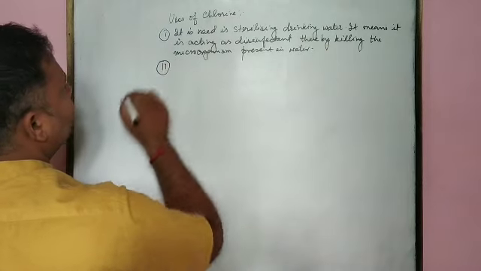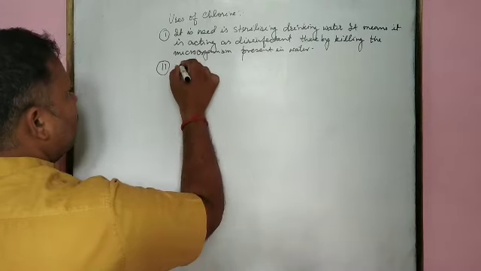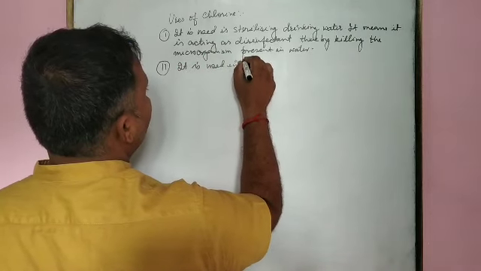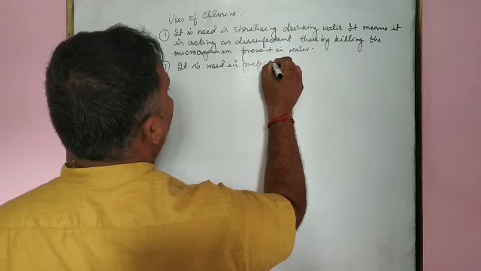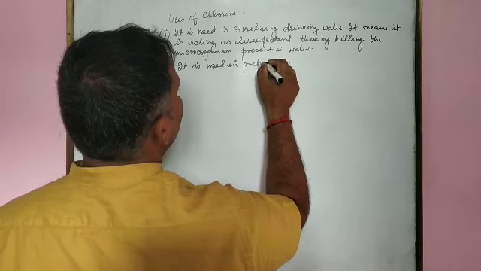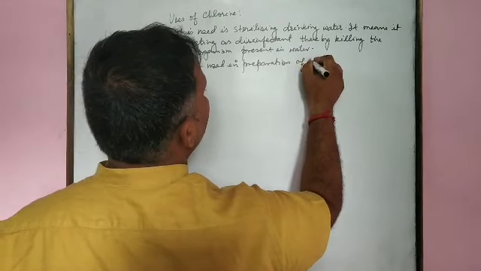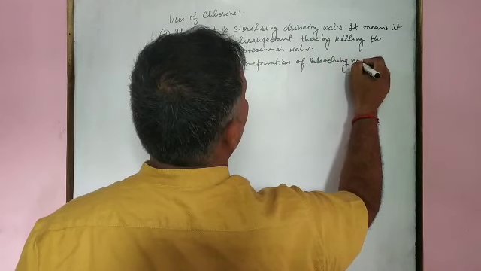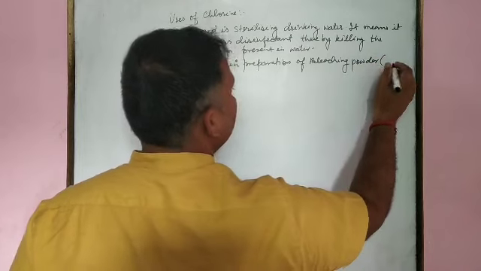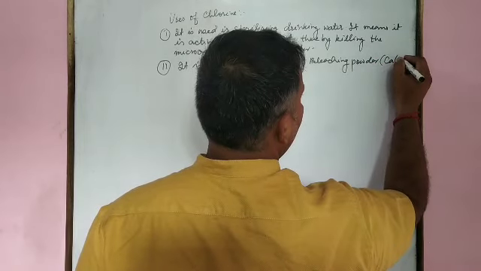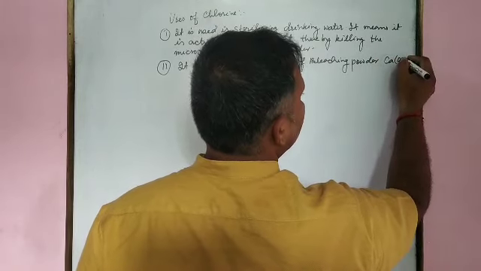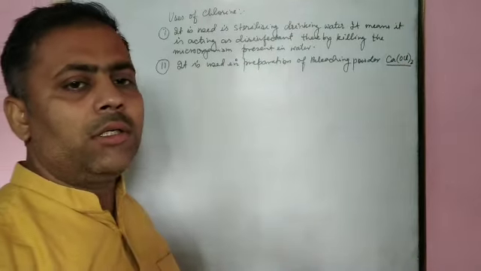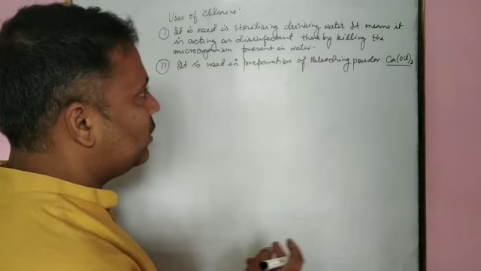The next, it is used in preparation of bleaching powder, that is calcium oxychloride. We will discuss in the next section how we will prepare the bleaching powder.